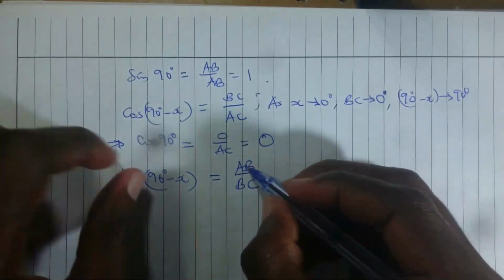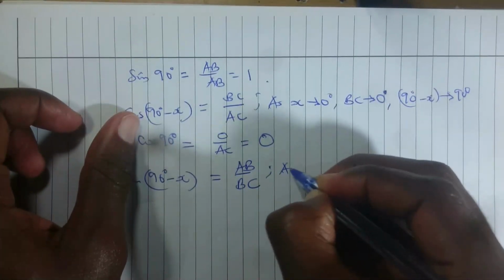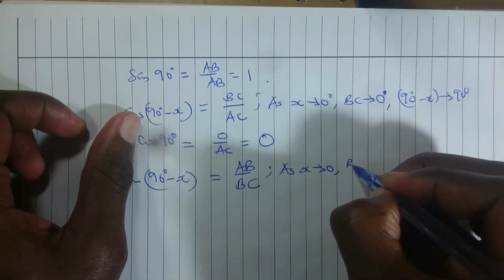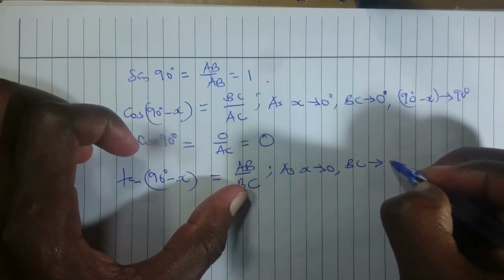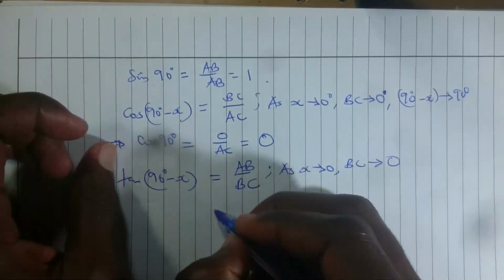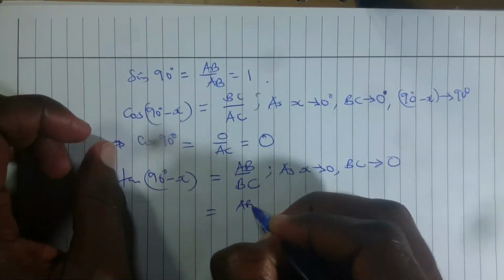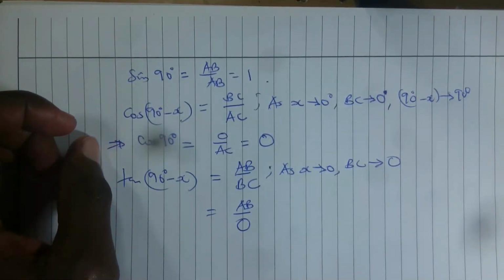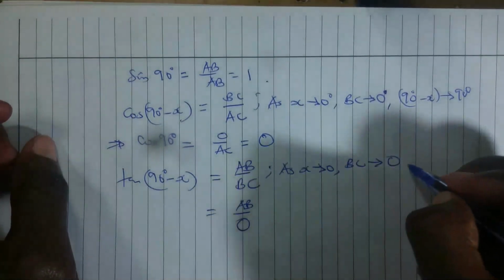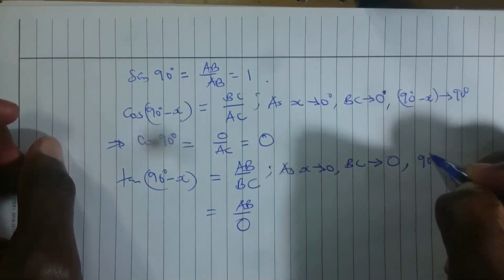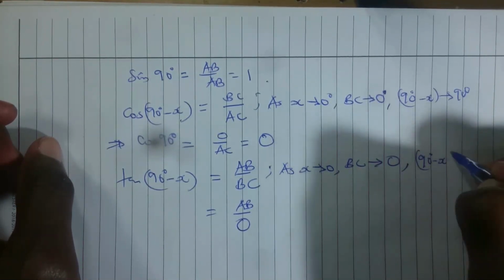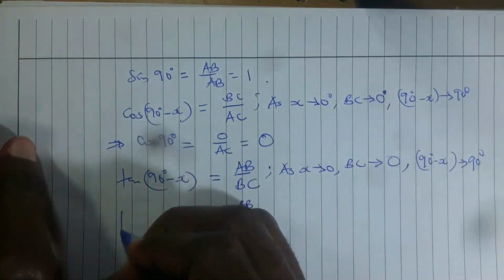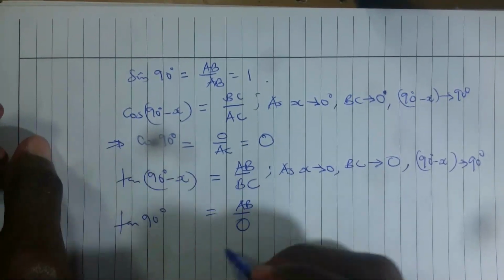But now, as x tends to 0, this BC will tend to 0 in units. So we have here AB out of 0. That's after 90 minus x has tended to 90 degrees. So that means our tan 90 degrees will be that.